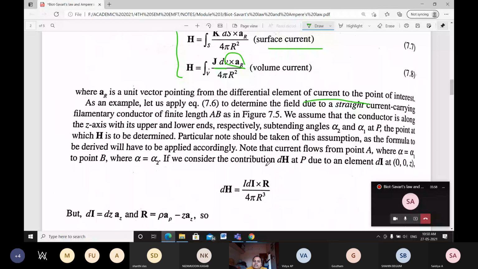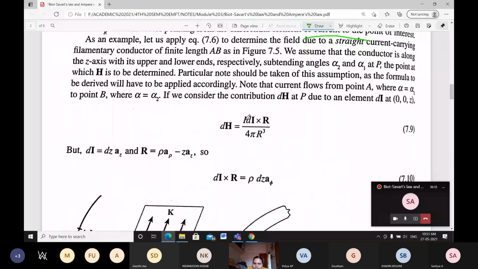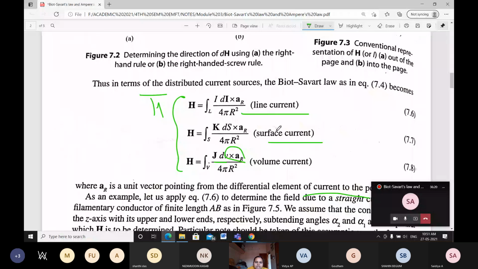Then if we consider the contribution dH at P due to the element dl at (0, 0, z), x and y we don't have, for that reason only the z term. Then dH is I dl cross r divided by 4 pi r cube, the same equation we took here. But in which direction is our dl moving?